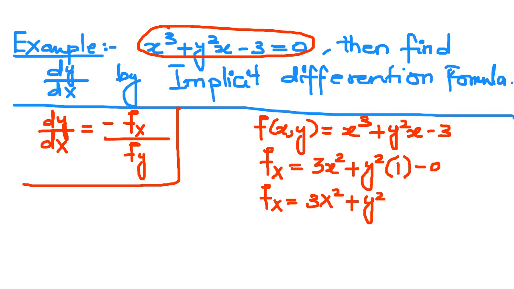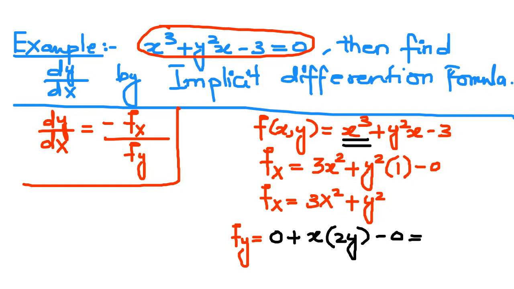Similarly, you can find the partial derivative with respect to y. That is equal to 0 plus x times the derivative of y square, that is 2y, minus 0, which is equal to 2xy.